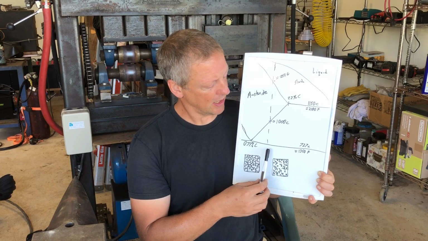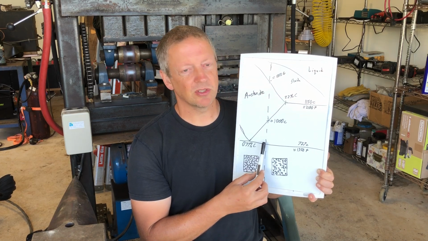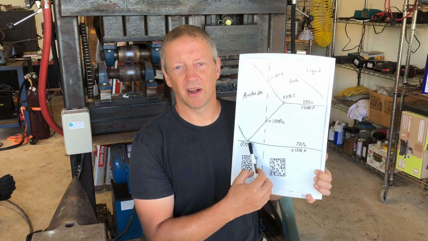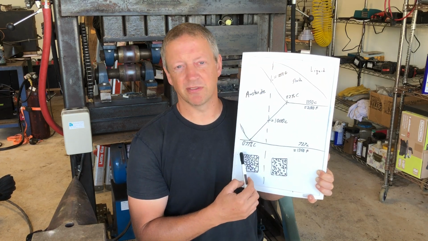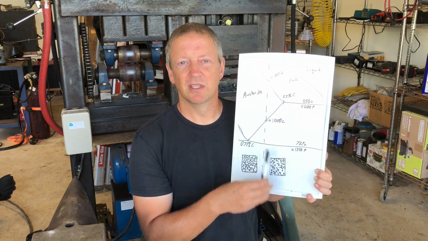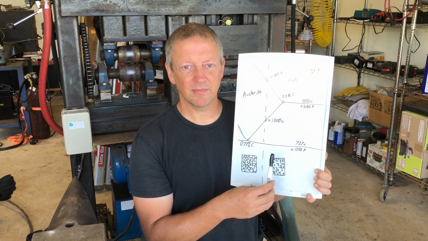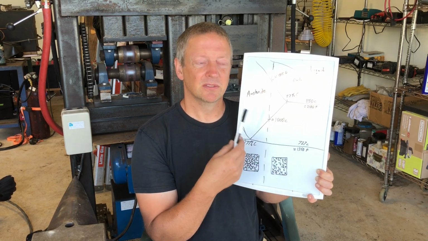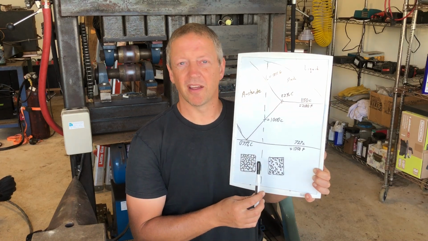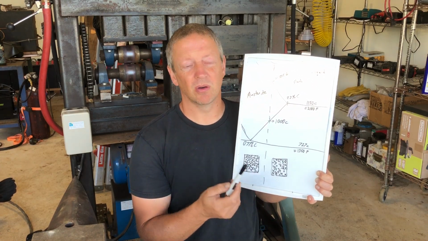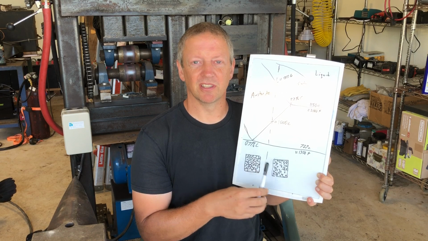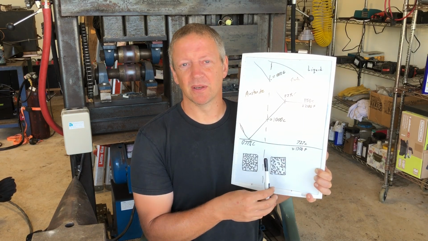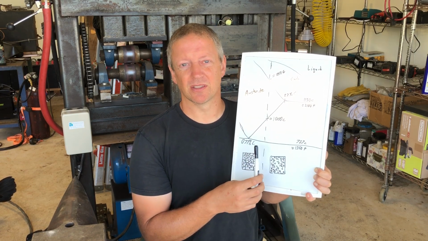As soon as we hit that line, or soon thereafter, we put roughly 0.77% carbon into solution in that austenite. We're dealing with a 1.5% carbon steel, so as it works out conveniently, roughly half our carbon is still tied up as carbide.